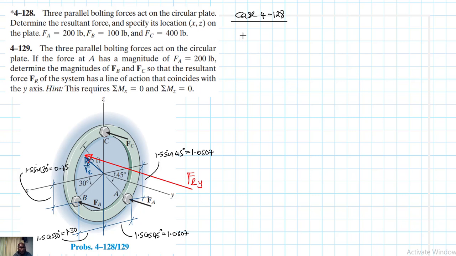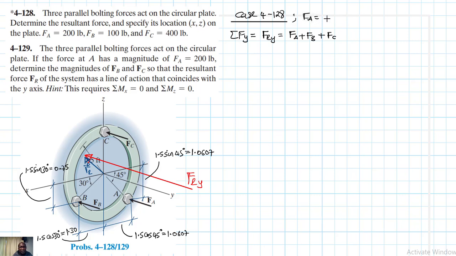All right, so we have all that information now. We can go ahead. Let's find the summation of forces in the y, and then this is going to be equal to FRY, which is equal to FA plus FB plus FC. Okay, and then FA is already given.